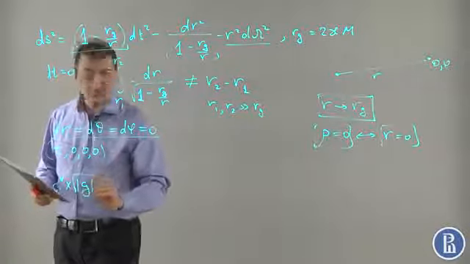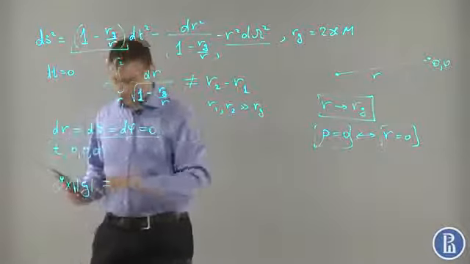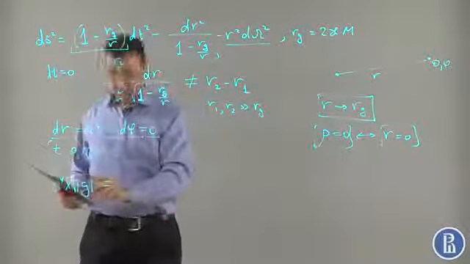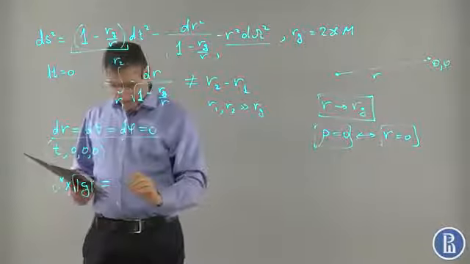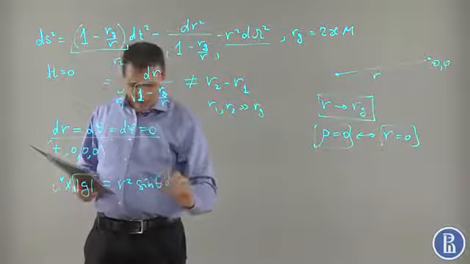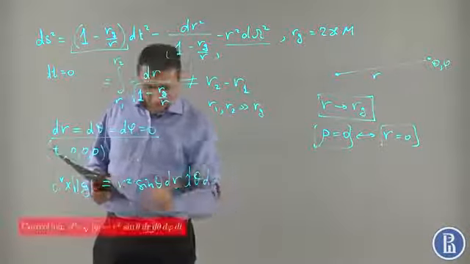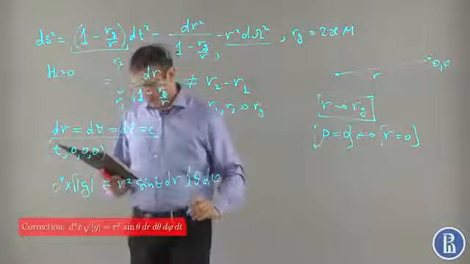For the given metric, the two factors in this determinant cancel each other, and it is equal to r² sin θ dr dθ dφ. So it is regular. That's the first thing.